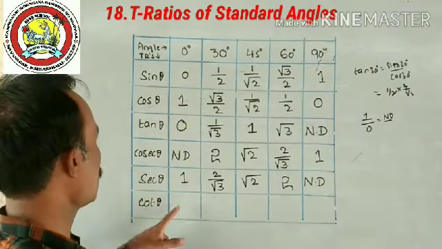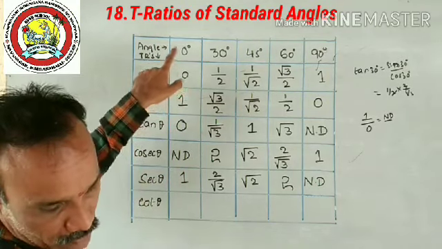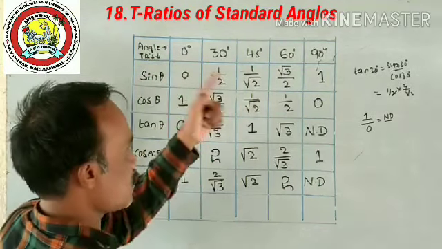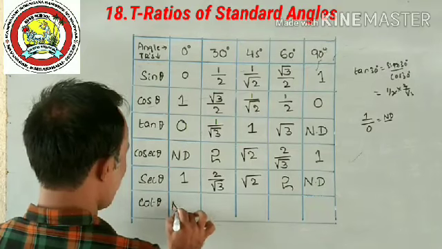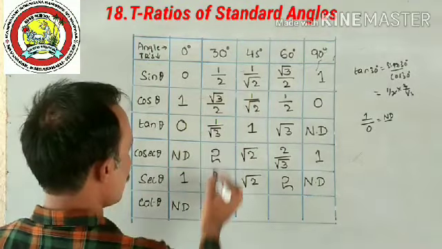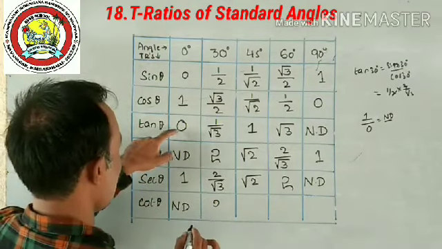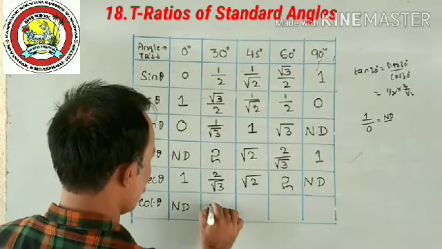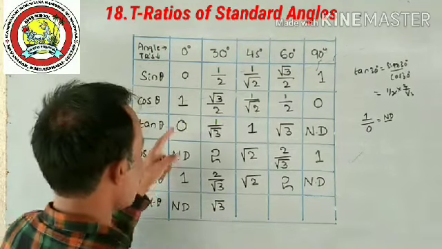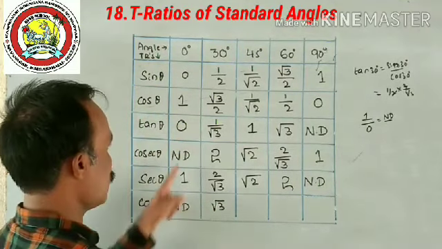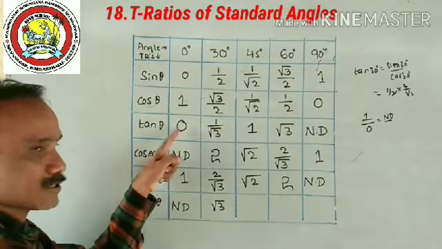Then finally, cot. Cot 0. What is the value of cot 0? Tan 0 is 0, so it is 1 by 0. We cannot define it. Next, cot 30 is 1 by tan 30, that is 1 by 1 by root 3, which is root 3. Cot is the reciprocal of tan.